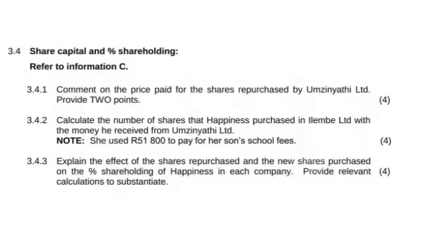In 3.4.3, it says explain the effect of shares repurchased and the new shares purchased on the percentage holding of Happiness in each company. Provide the relevant calculations to substantiate. Basically, when you are asked about the percentage holding, the only thing you are interested in is whether a person is a majority shareholder or not, and how close it is to that position.